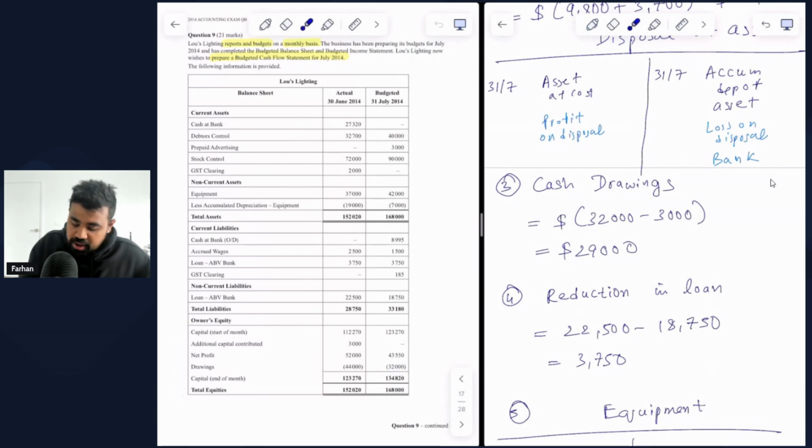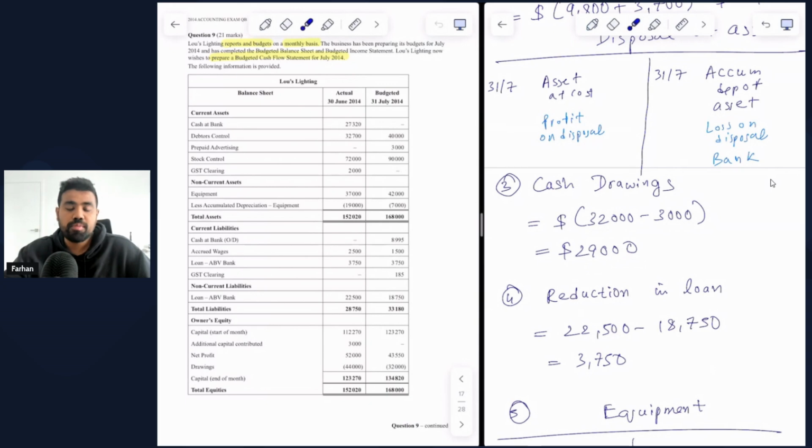What I'm trying to say is that if the total drawings is $32,000 and we know that stock drawings is $3,000, then the cash drawings would be the difference between $32,000 and $3,000, which is $29,000. Does that make sense? So the total drawings is $32,000. Inventory drawings is $3,000.